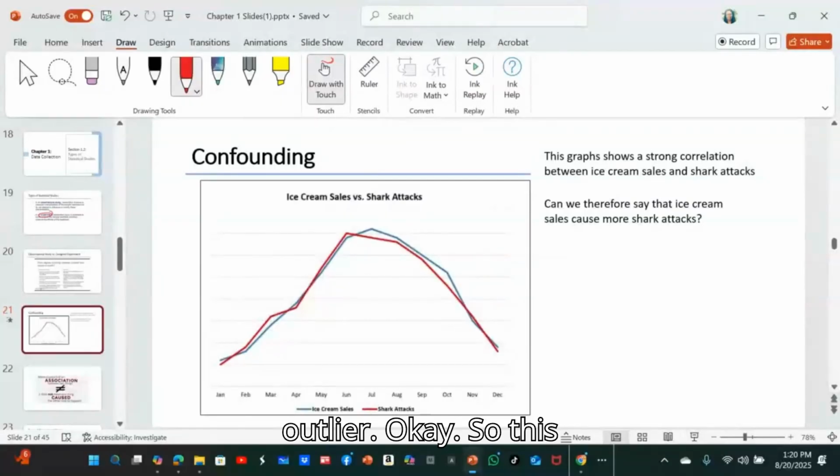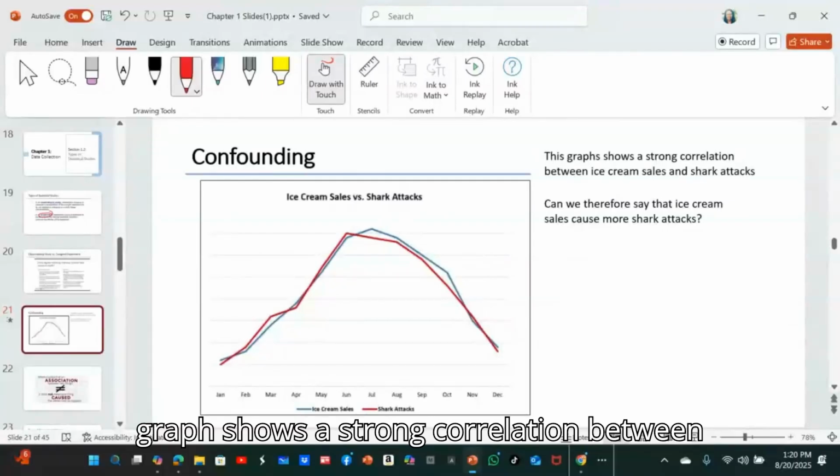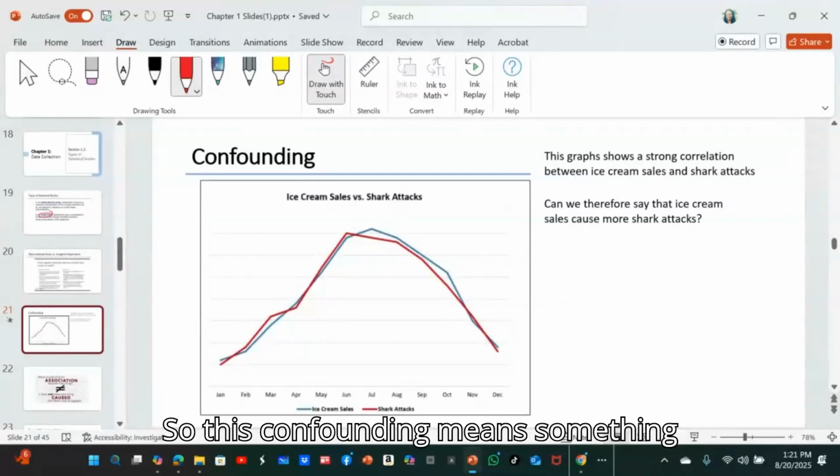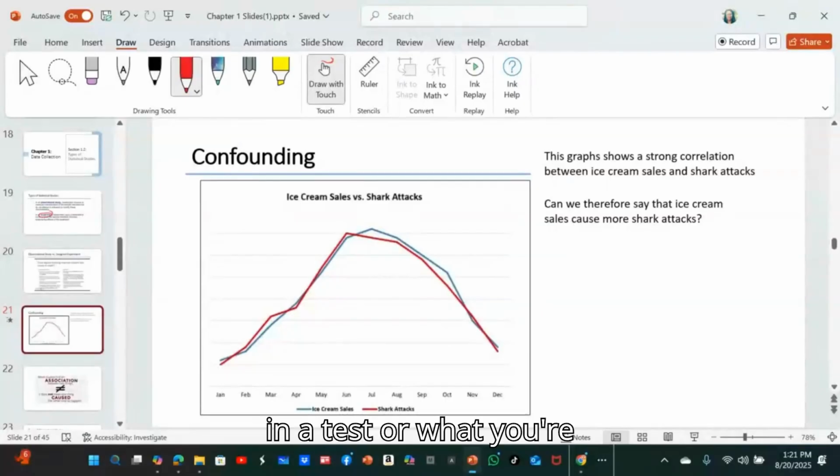So this graph shows a strong correlation between ice cream sales and shark attacks. But can we therefore say that ice cream sales cause more shark attacks? No. Confounding means something in a test or what you're doing is actually affecting it, and they are not even related.